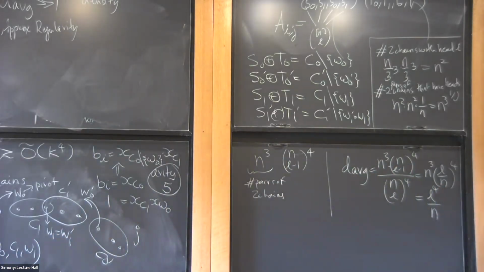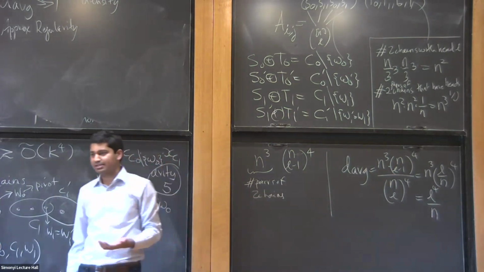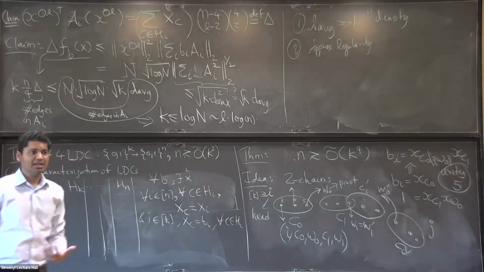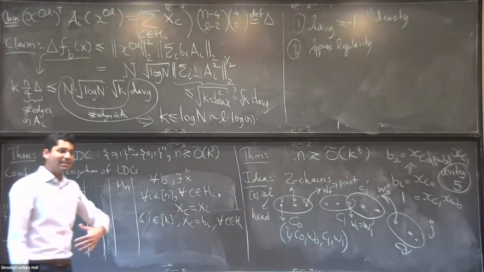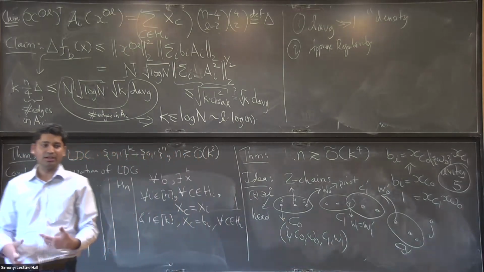Okay. And that's my final act, because as you notice, if L exceeds n to the 1/4 this time, then the average degree becomes more than 1. So the point is that at a smaller level L, I'm able to get density 1 or larger than 1.